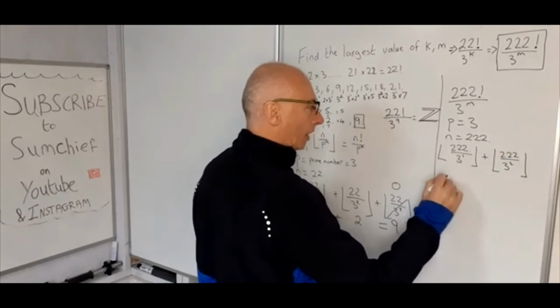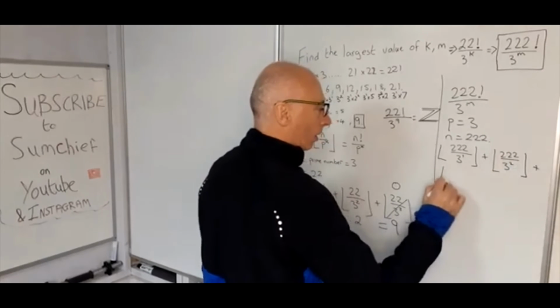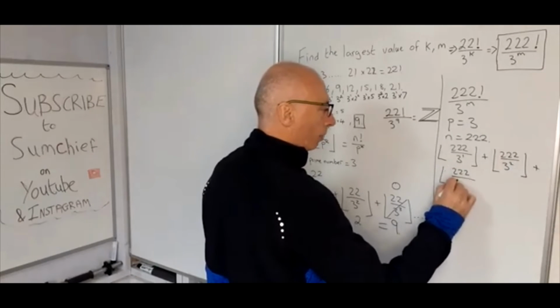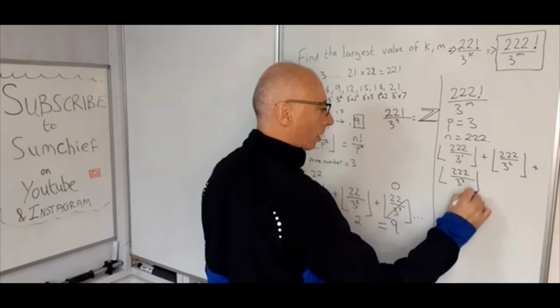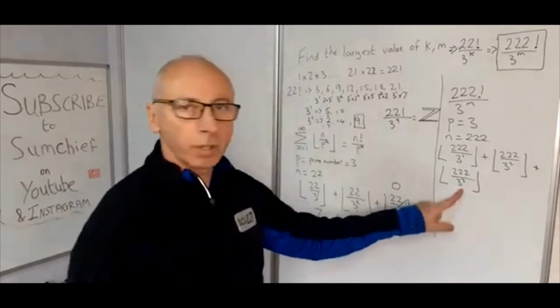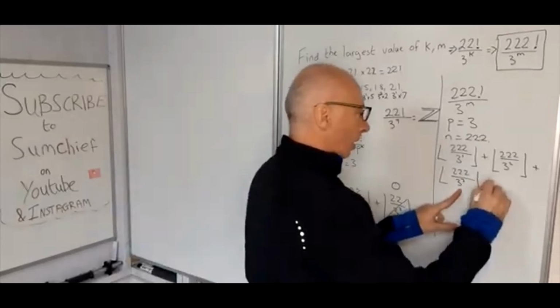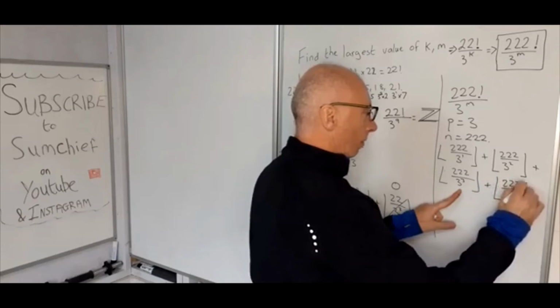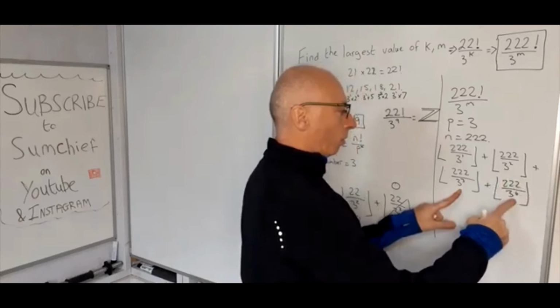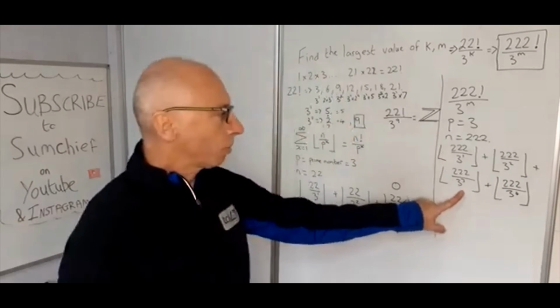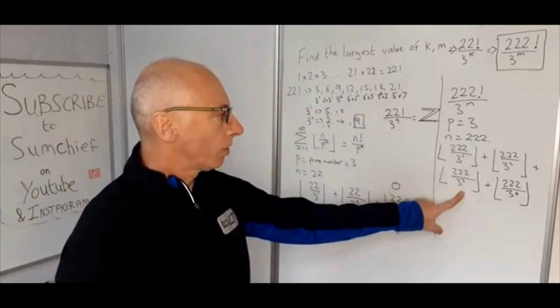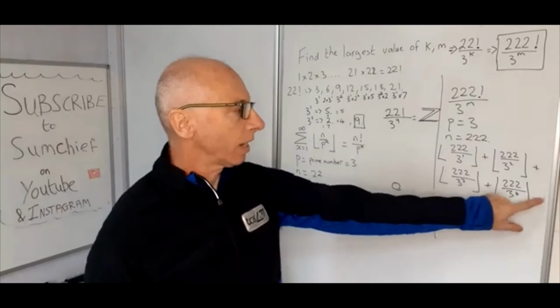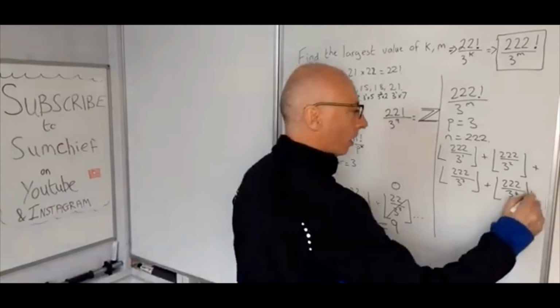I'm going to write these down here. 222 divided by 3 cubed. Well, 3 cubed is 27, so I know we can keep going. And 222 divided by 3 to the power of 4, that's 81. Now I know the next one up is going to be 243, so we know we can stop here, because then after that they're all zeros.